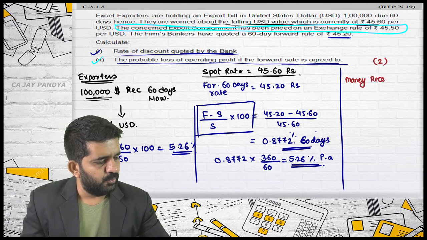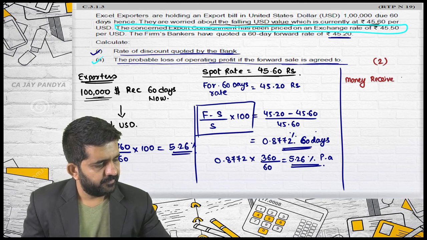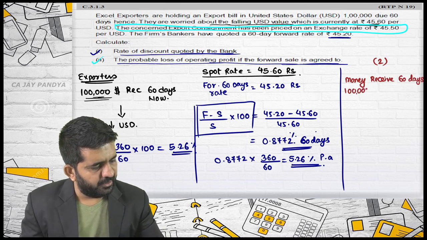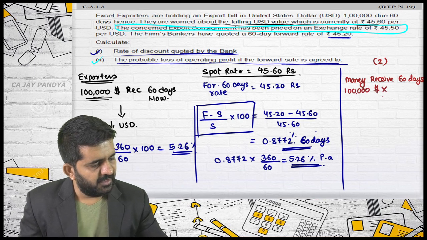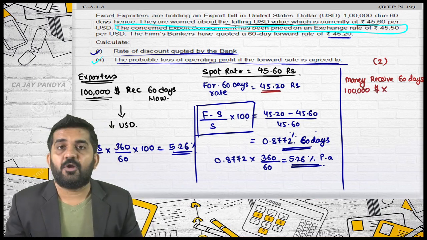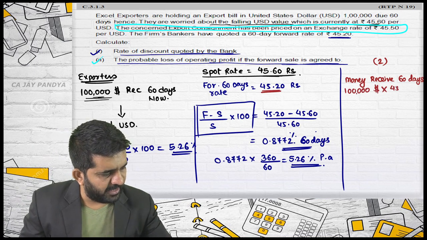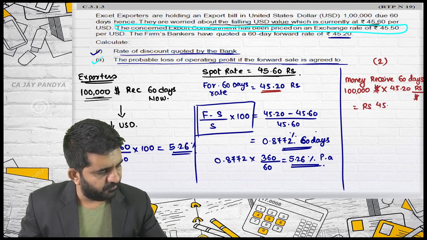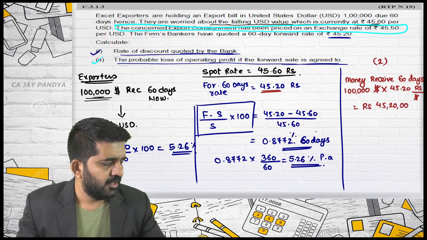How many dollars am I going to receive after 60 days? $1 lakh, multiplied by the forward contract rate of 45.20 rupees per dollar. Dollar will get cancelled. I will be getting rupees 45 lakh 20,000.